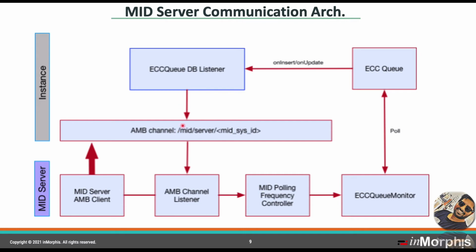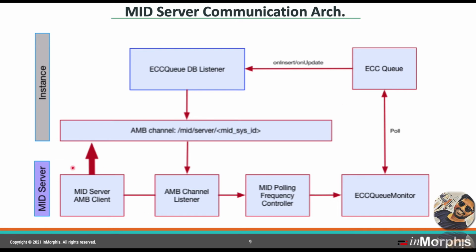It will push one flag on that particular AMB channel, saying, hey boss, I have one job for you. On the mid server, they have an AMB channel listener. It will listen that, okay, there is one job. Then this AMB client will go into the ECC queue again and say, give me my job.